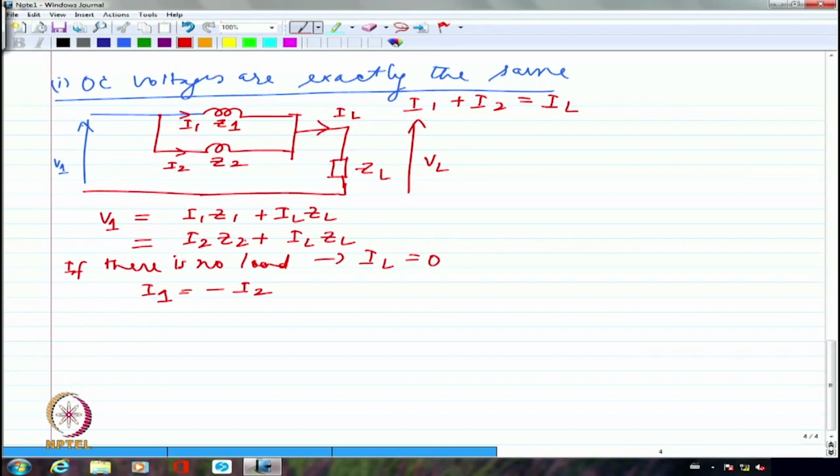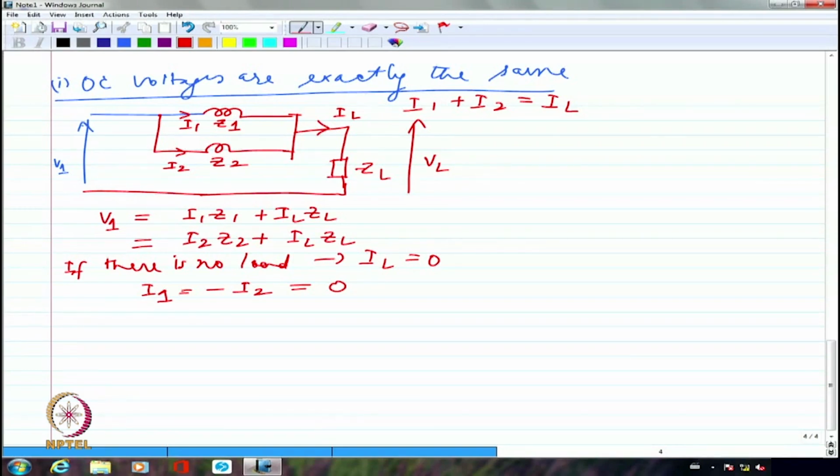If I am really not having any difference in the voltages, once I open this out, no current will flow anywhere. It is a dead circuit, basically. There is no question of any current flowing anywhere as soon as I open the load. So under no load condition, I1 equals minus I2, which is also equal to 0, because I have opened up the complete circuit.